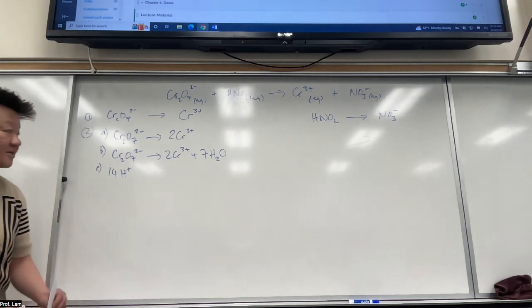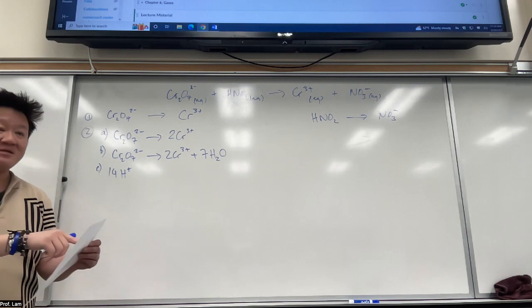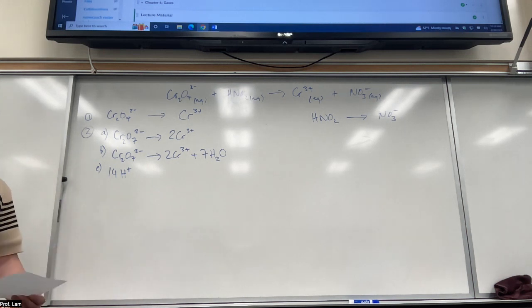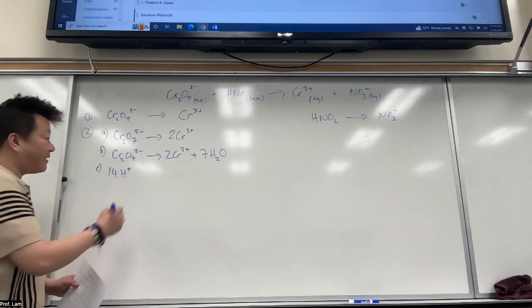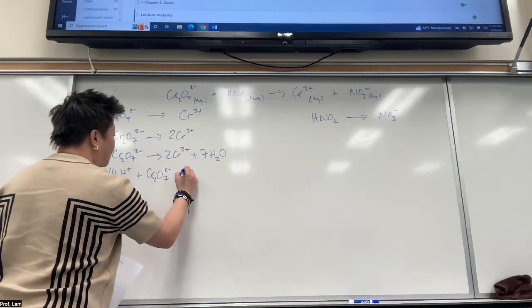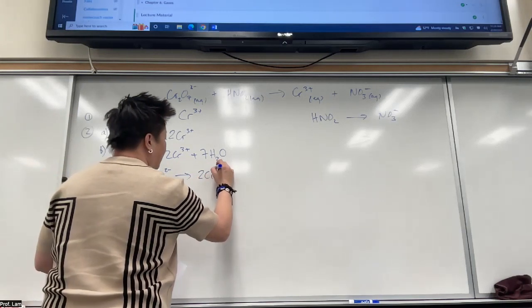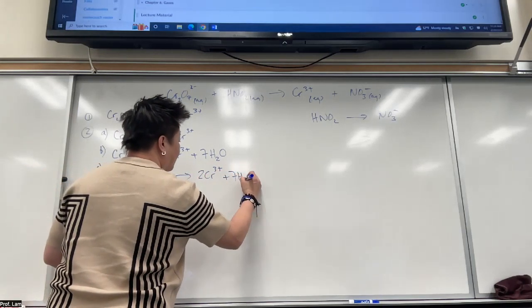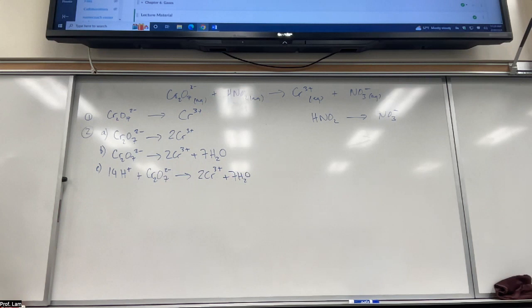Why? Because it's an acidic solution, and it says right there, balance H atoms with H plus. So 14 H plus, Cr2O7 2 minus goes to 2 Cr3 plus, 7 H2O. Making sense so far, guys? According to the steps.